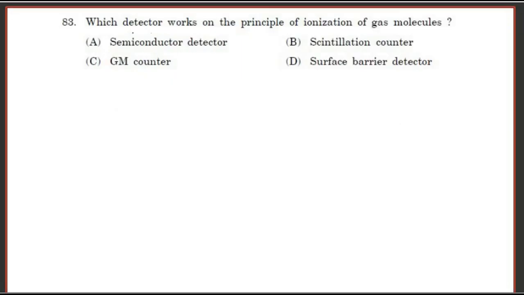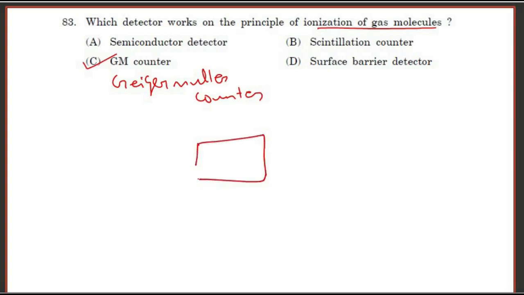Which detector works on the principle of ionization of gases? It is the Geiger-Muller counter. In this counter, the gases are sent into the chamber. Inside the chamber there will be an inert gas like helium, and here you will have the detector.